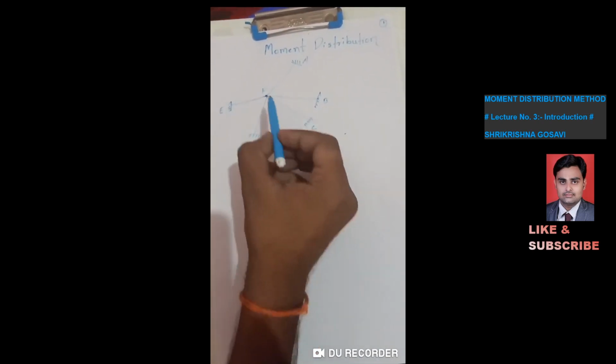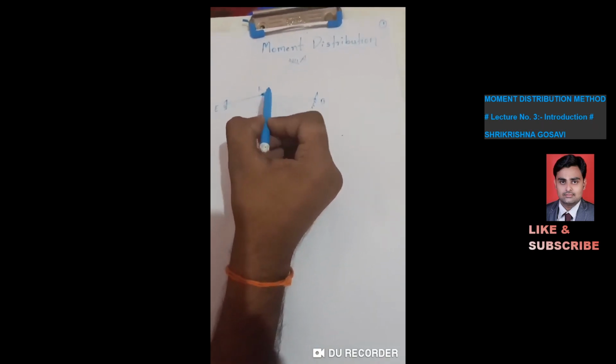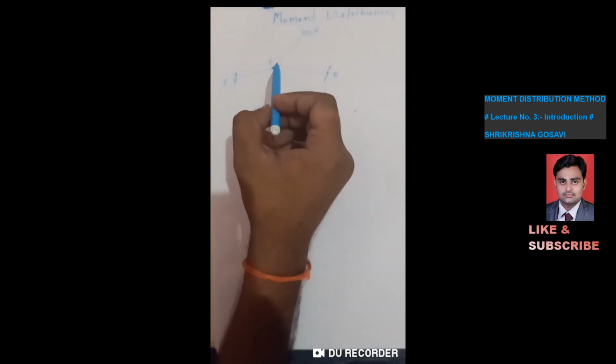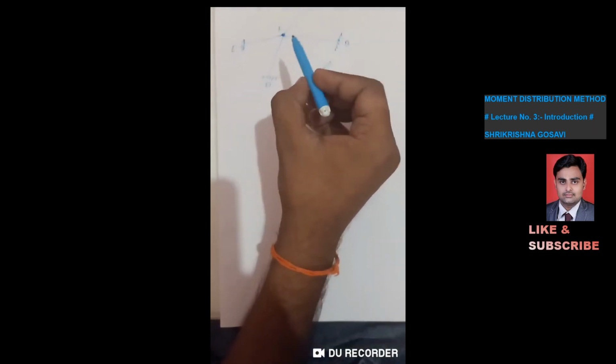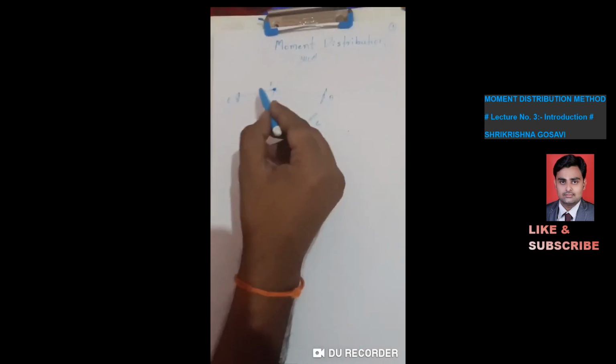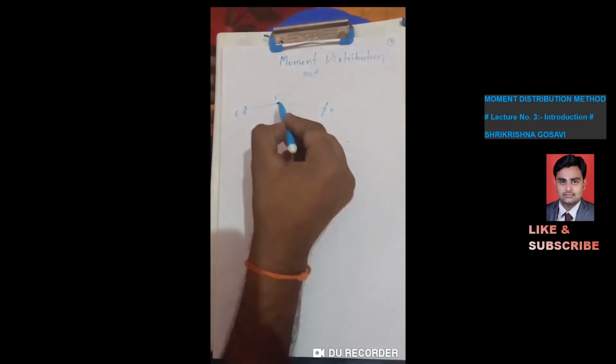Slight rotation of the member is permitted here. We can say that a hinge is provided at point F so that the rotation is permitted, but the deflection is not allowed.